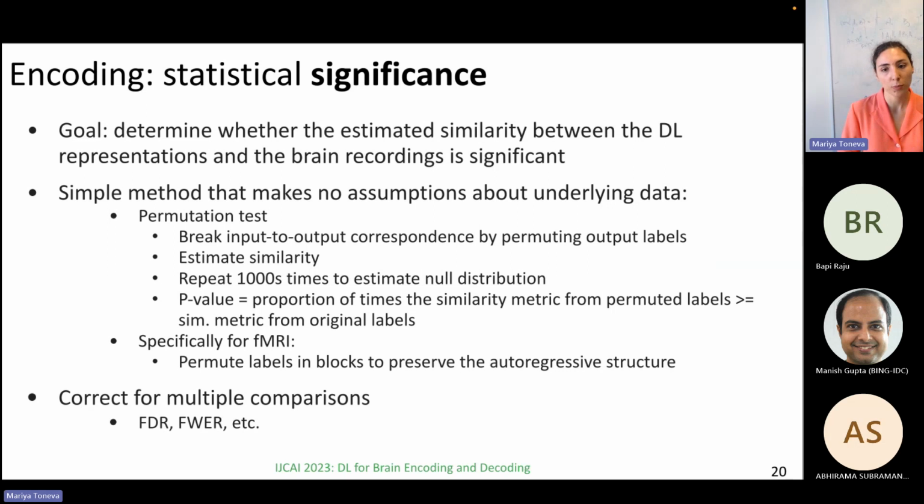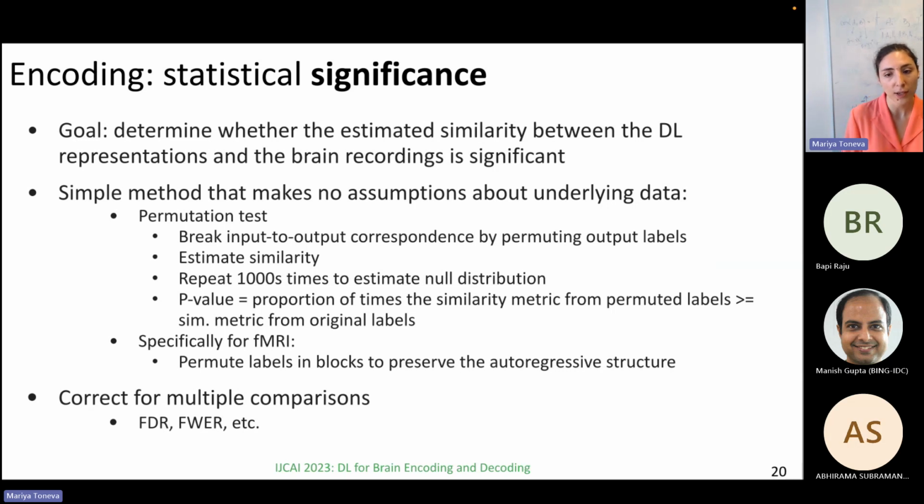So now we have trained the encoding model. We have evaluated the actual similarity between the model and the brain using this encoding model. And we have gotten some similarity metric score, which we have made sure is significant at the end of the day. And so how do we even look at these scores?